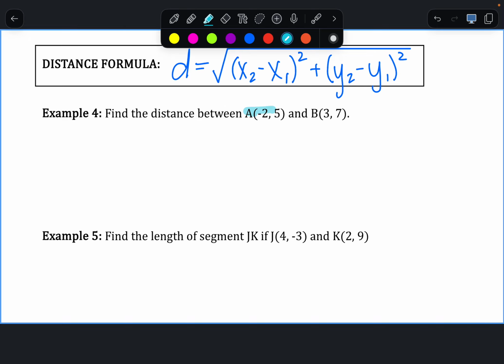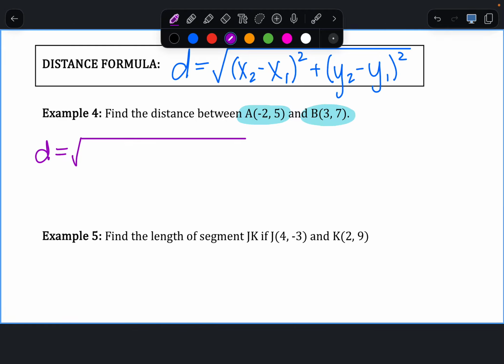So here I have A and B. I want to find the distance between A and B. Okay? So our distance is, go ahead and draw a giant square root sign. I will tell you right now, it doesn't matter which one you pick to be x1, y1 versus x2, y2. But I'm just going to go with the order in which they've been given to me.